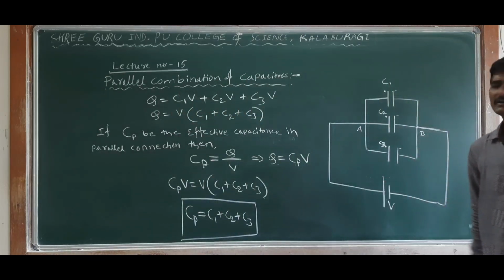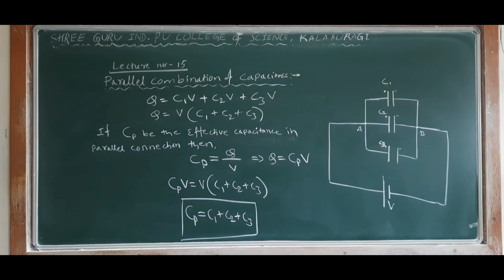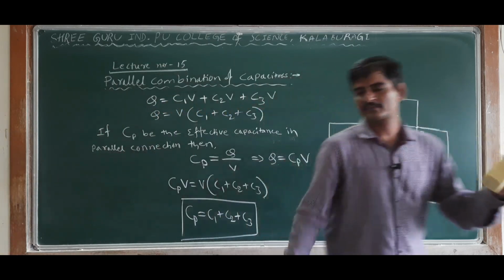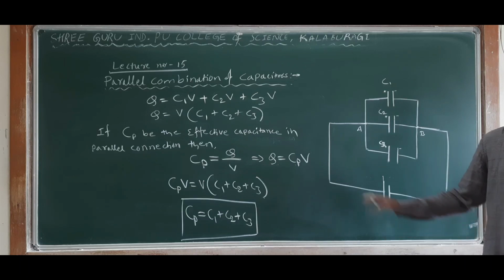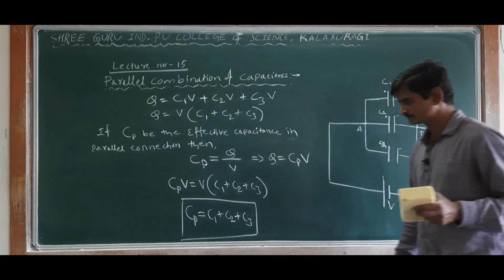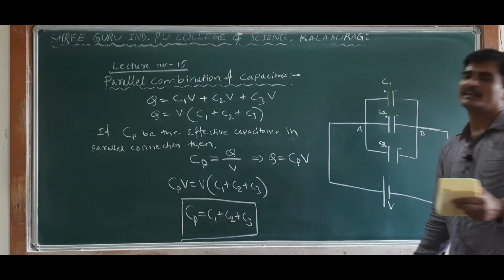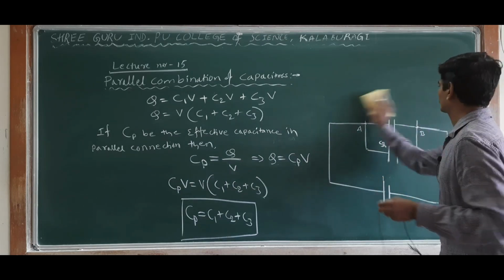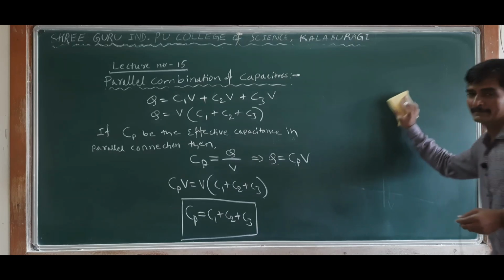Understood? These two derivations are very, very important from the point of view of the theory exam. For theory exams, many times they have asked these questions. So remember, these two derivations are the most important questions for the theory exams. Diagrams are compulsory.